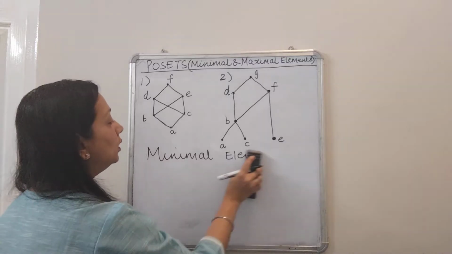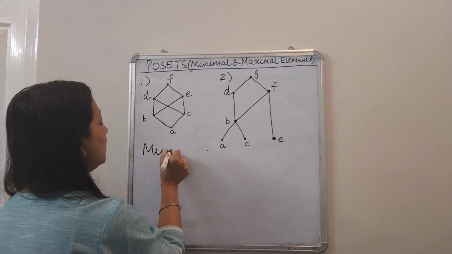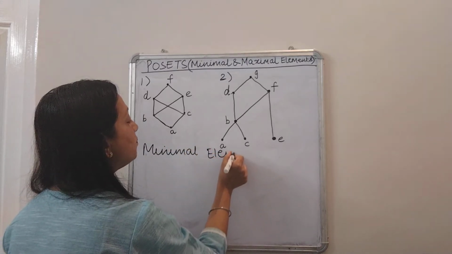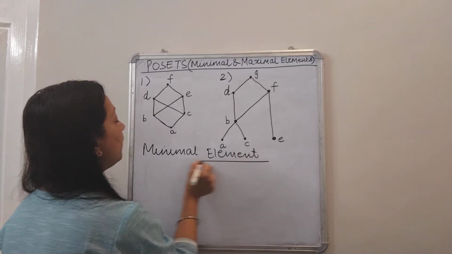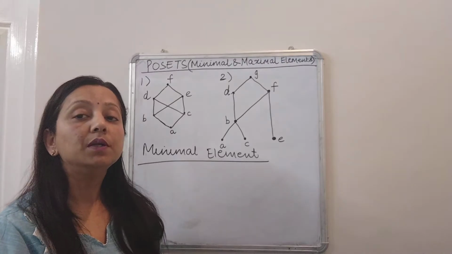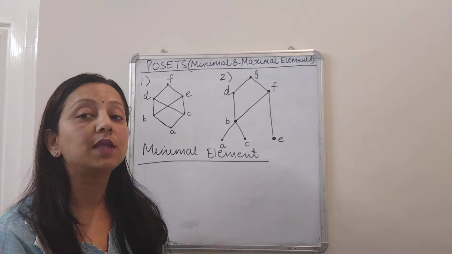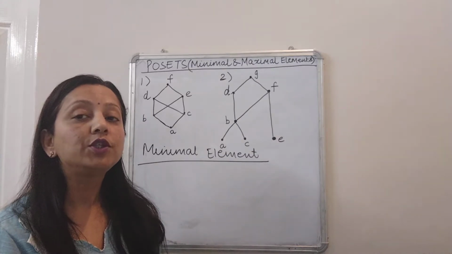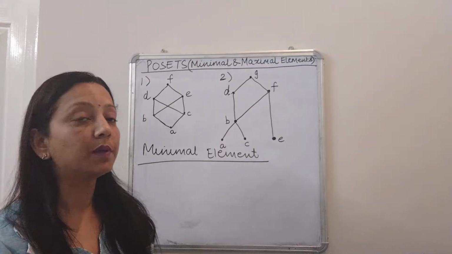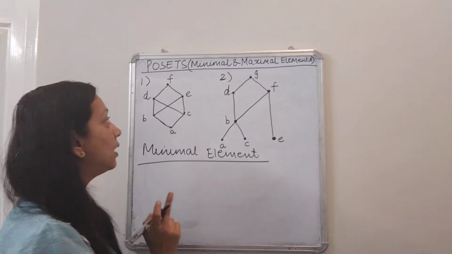Since I am talking of minimal elements, in a simple definition, a minimal element in a Hasse diagram or in a poset is that element to which no other element is related. Got my point? Now I will start from F. Right now we are studying diagram number 1.